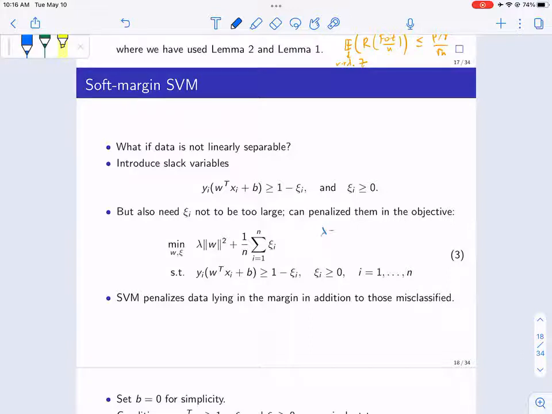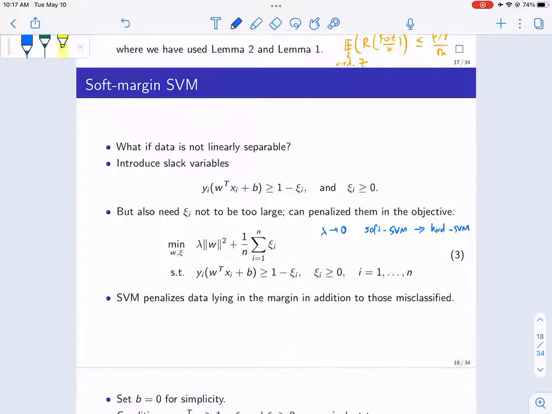This is called soft SVM. Oh, sorry, lambda goes to 0 approaches hard SVM.